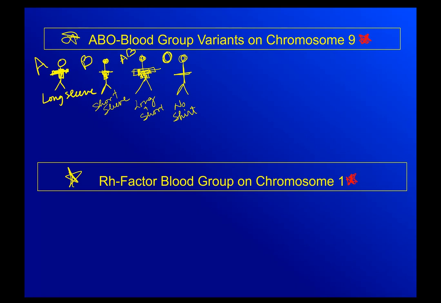So drawing this out, here's my red blood cell, type A. Type A would show the A antigen on the cell, but only the A antigen. Type B would show the B antigen on the cell, but only B. Okay?